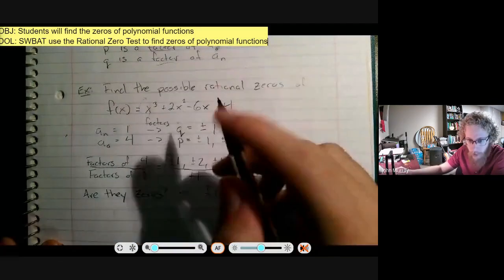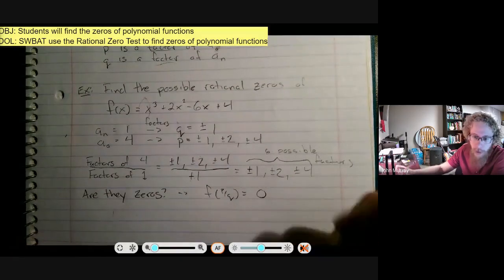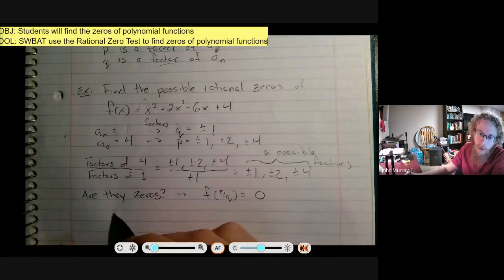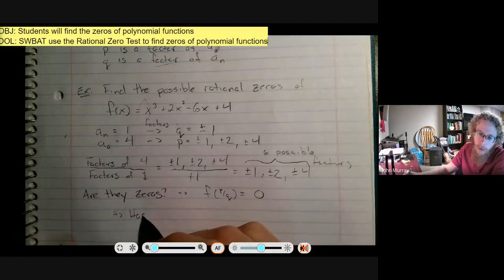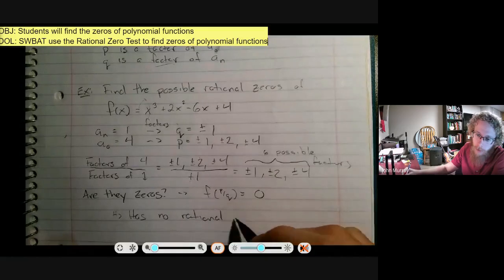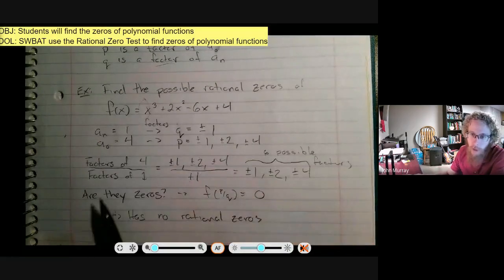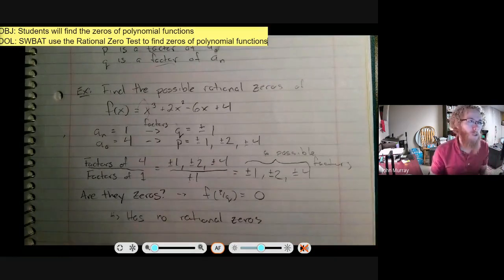So I'm going to skip that for now because this one in particular doesn't have any rational zeros. But let's take a quick look.